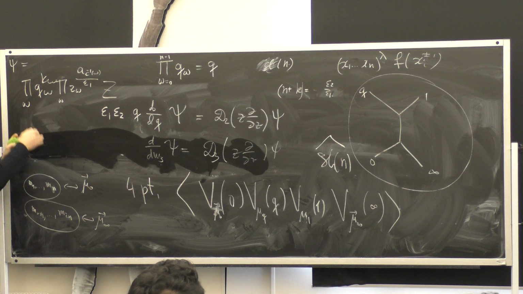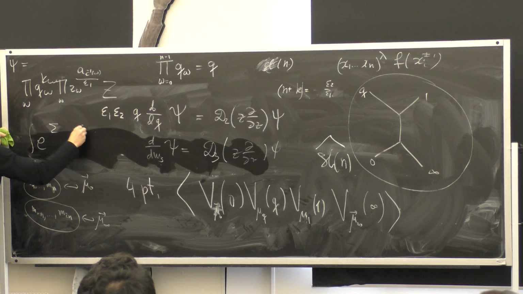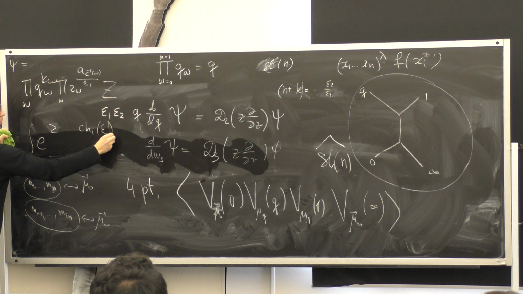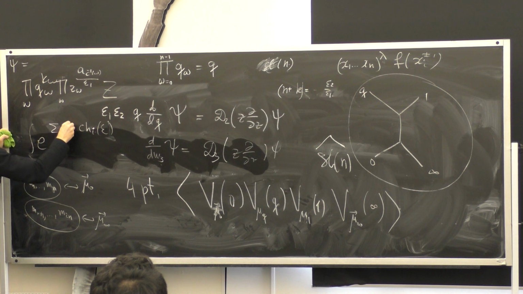You can modify my rules of integration by inserting, on top of everything we've been integrating, the Chern classes of the universal sheaf, again restricted to the point, or maybe not restricted to the point, times some parameters.